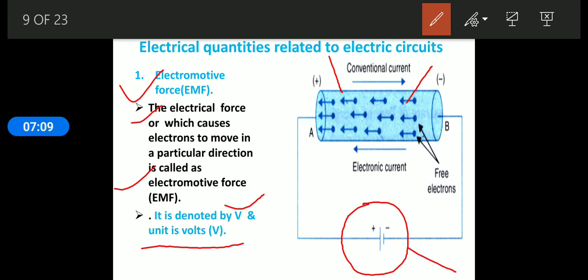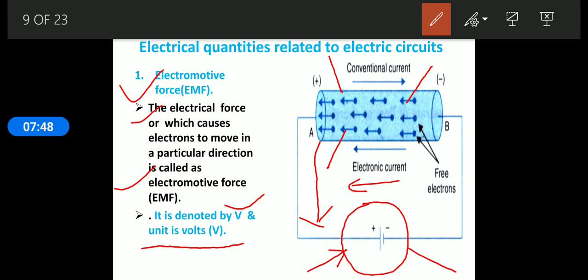If this source is not applied to the metal or conductor, then these electrons move randomly in all directions. But if this external DC source is applied to this conductor or metal, then electrons flow in a particular direction.